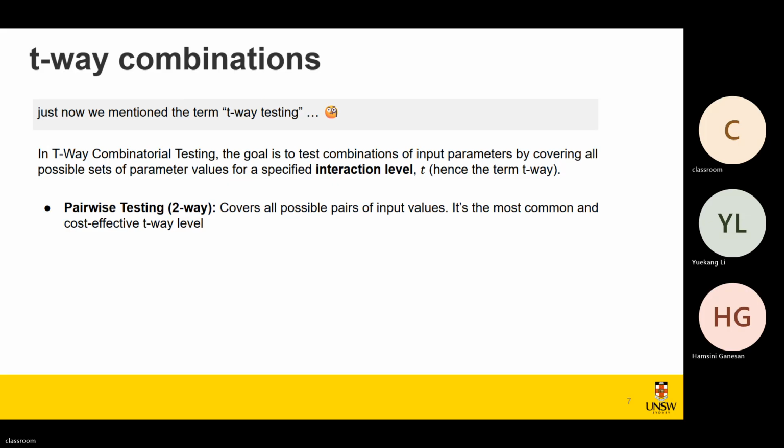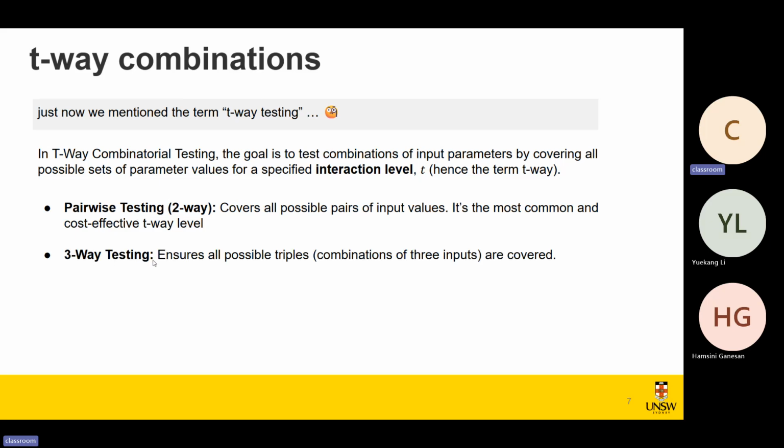This is the definition of two-way testing. For three-way testing, we are trying to cover all the possible triples of the input values of the input parameters. We are trying to cover all the possible combinations of 3 inputs in our test suite. This is three-way testing. And four-way testing is where we try to cover all the combinations of 4 inputs, and so on. This is why it's called T-way combinations.